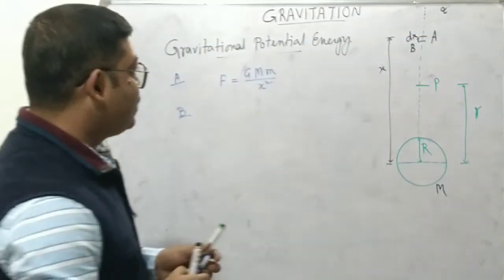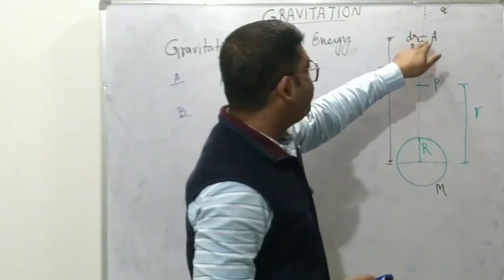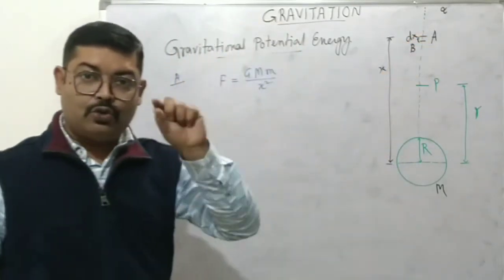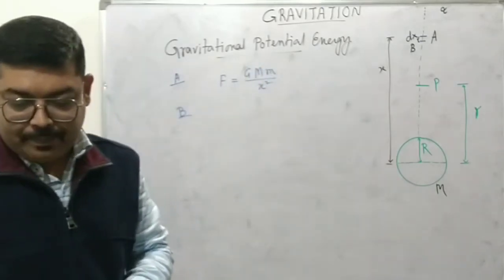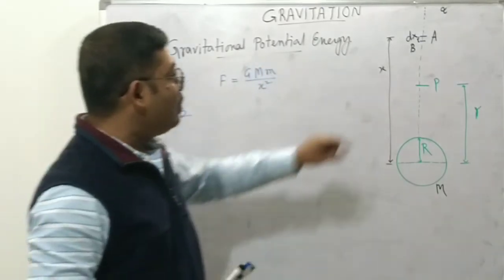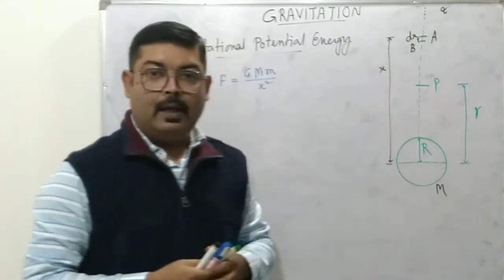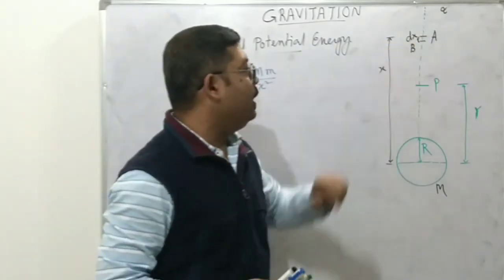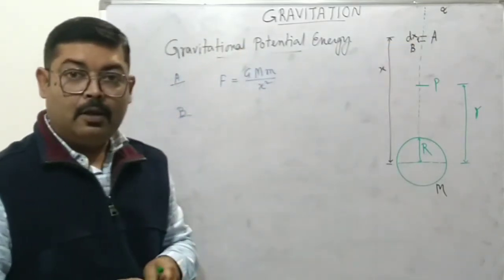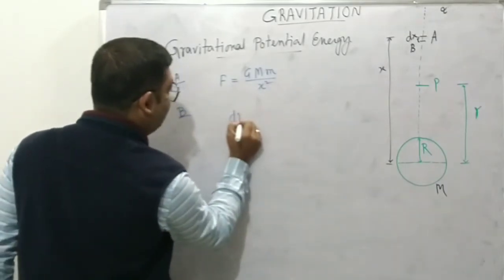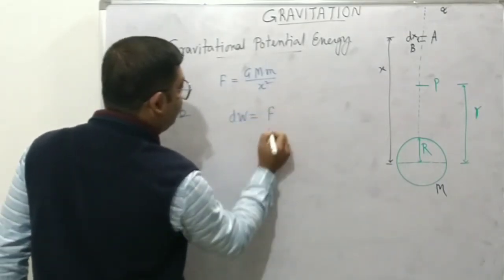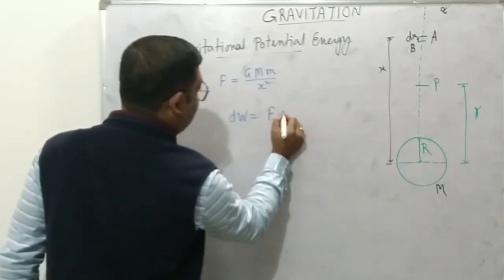What we are assuming here is that when we bring it from A to B, the distance is so small that the force of gravitational attraction practically remains the same. So what will be the work done in bringing it from A to B? The work done, let's call this dW, will simply be the force multiplied by dx.